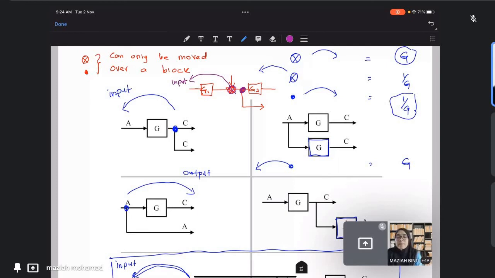Similarly, the pick-off point here can only be moved toward the output.